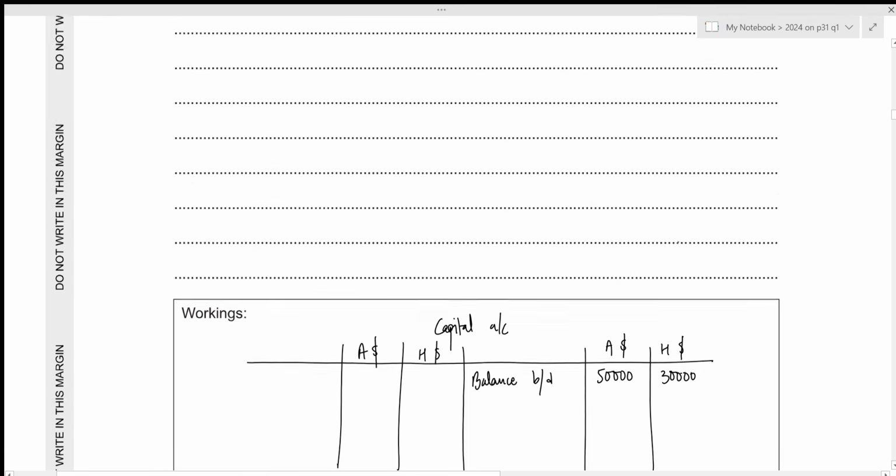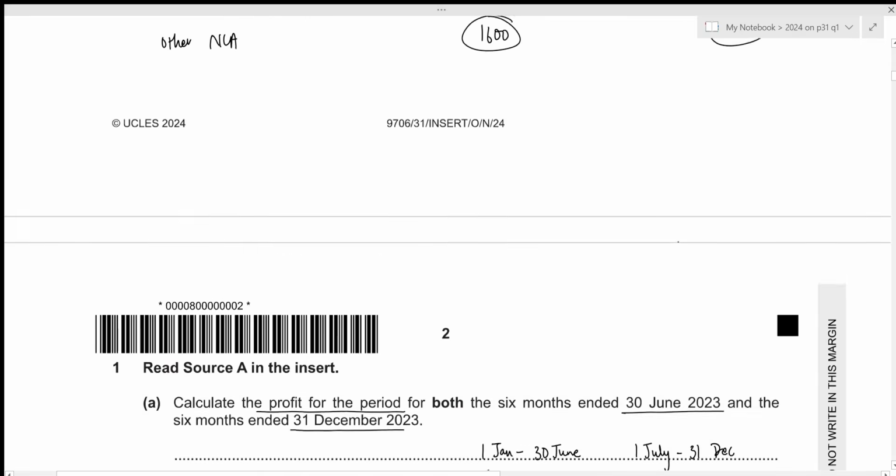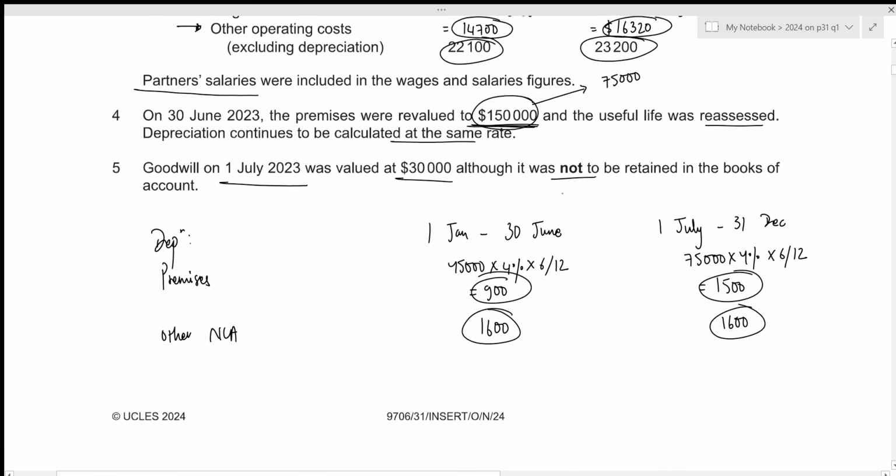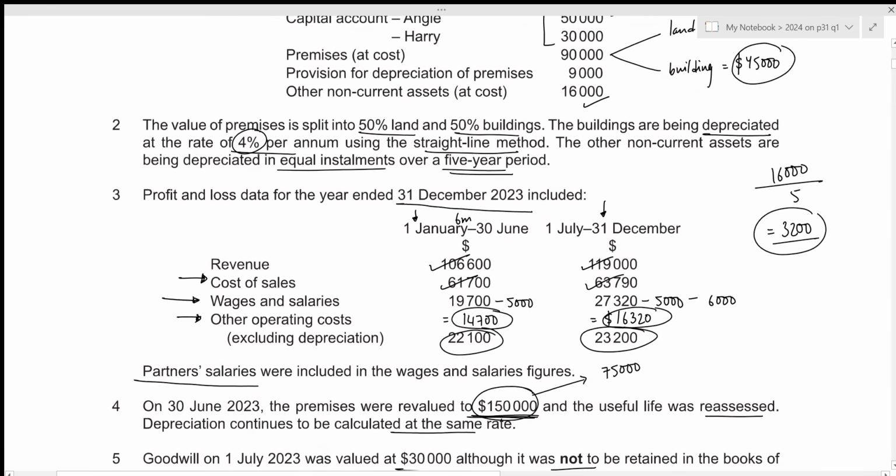Whenever there is changes to the partnership agreement, there might be some sort of revaluation. So we first need to figure out whether there was a profit or loss on revaluation. The new value for premises was 150,000. In order to see the revaluation profit or loss, we need to compare it to the net book value of the premises before the revaluation. So at the date of revaluation, we can see, in this case, premises had the cost of 90,000. Now, in order to calculate net book value, we just need to subtract our accumulated depreciation.